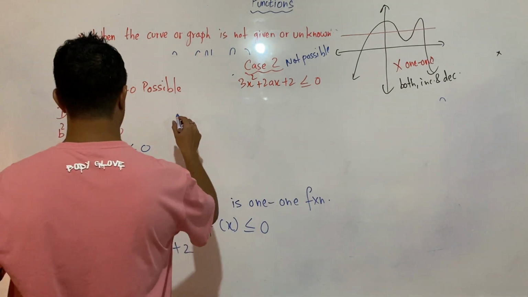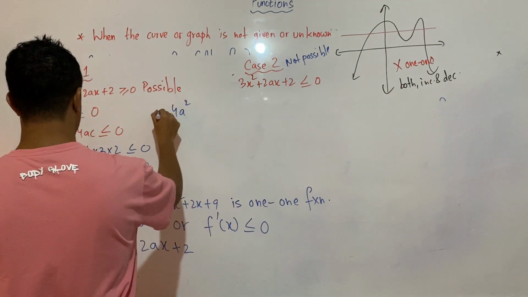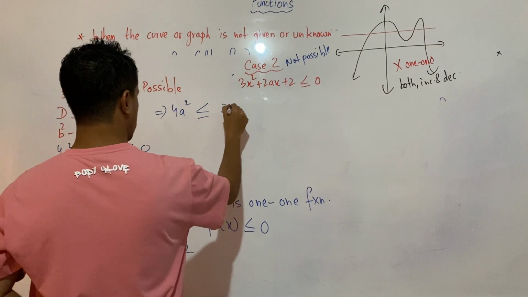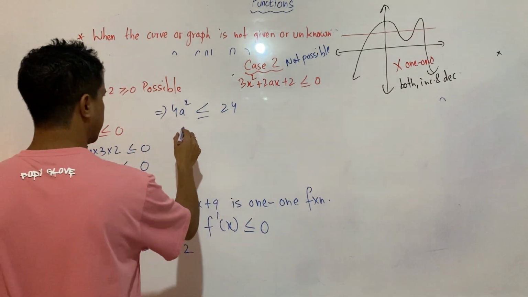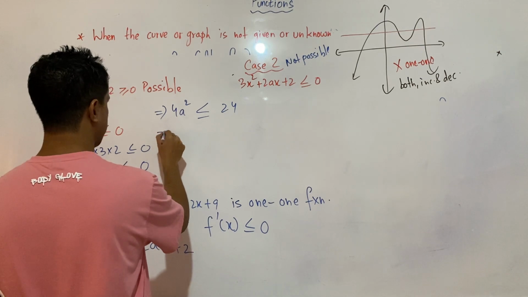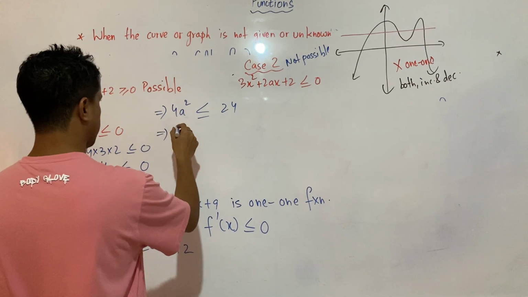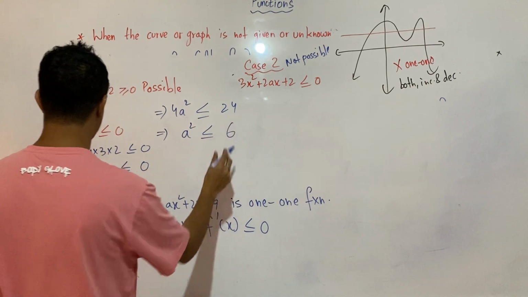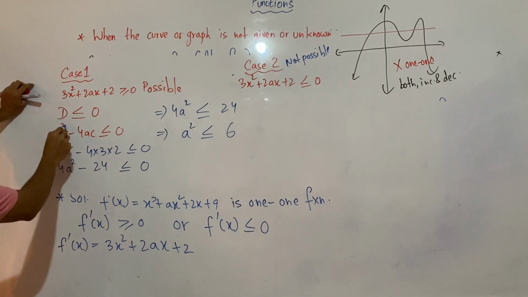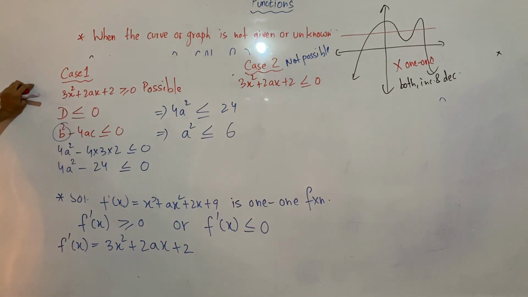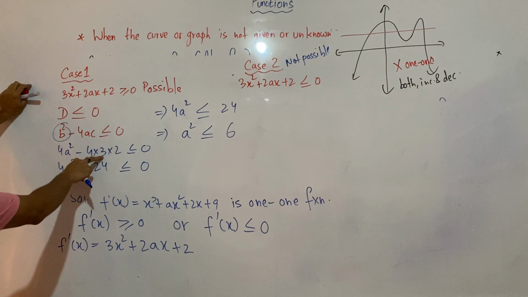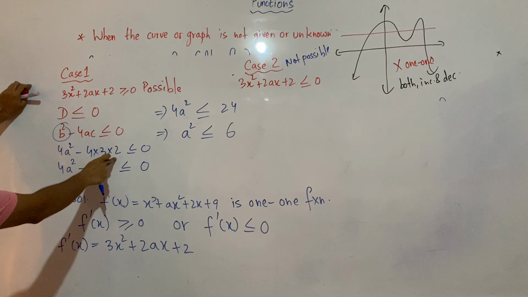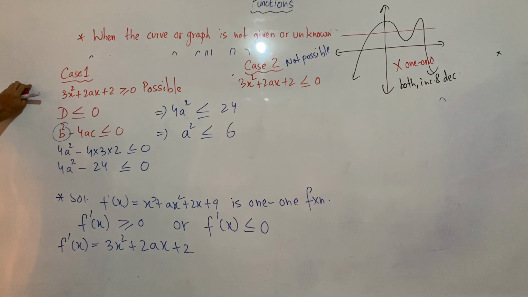So 4a square is less than or equal to 24, and a square is going to be less than or equal to 6. b square minus 4ac: b square is 4a square, 4 times 3 times 2 is 24.